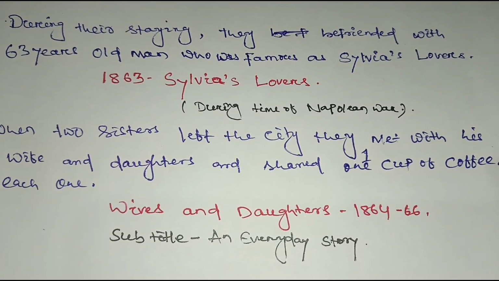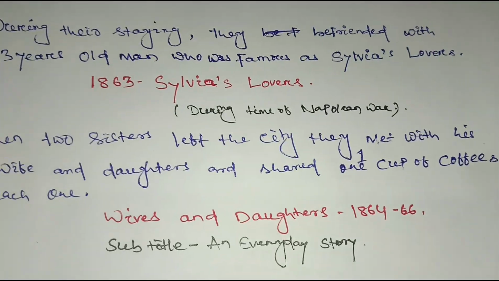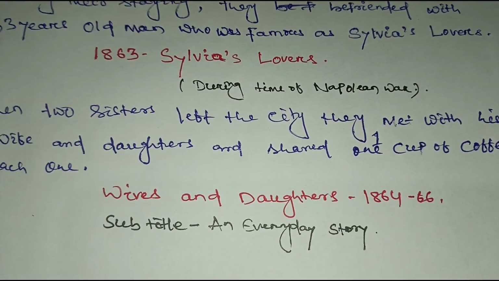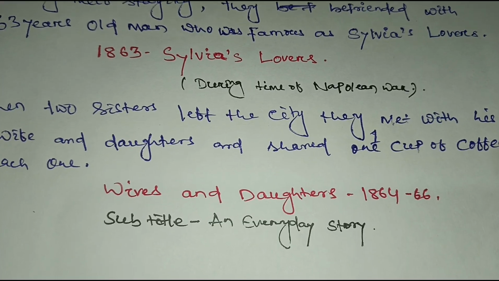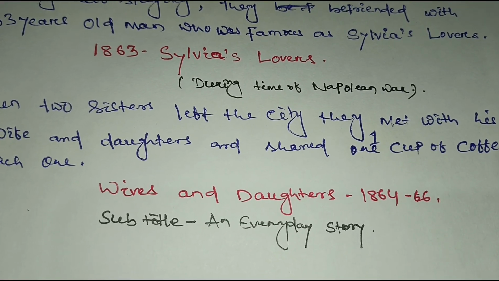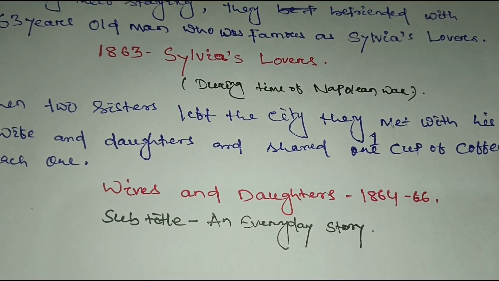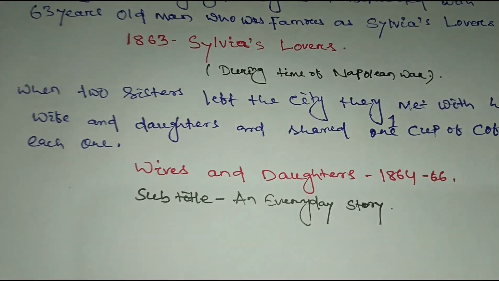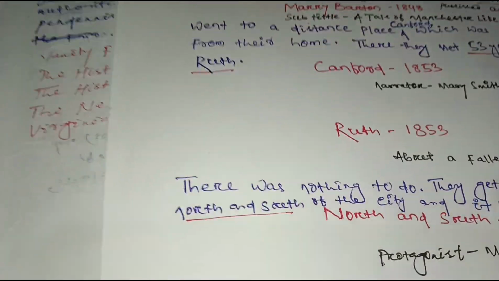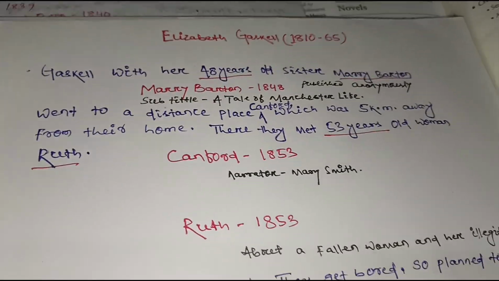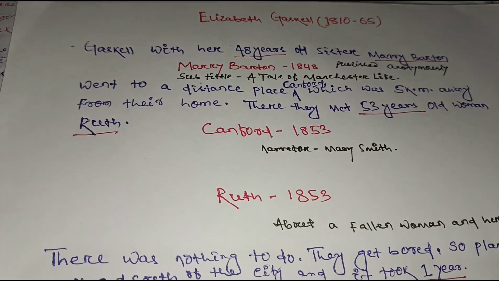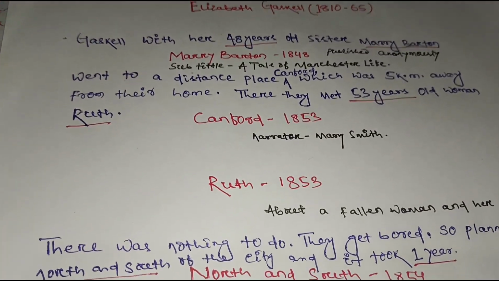I have seen somewhere it is written 1865. And the subtitle of Wives and Daughters is An Everyday Story. So this is all about Elizabeth Gaskell's novels that we have to remember like this.